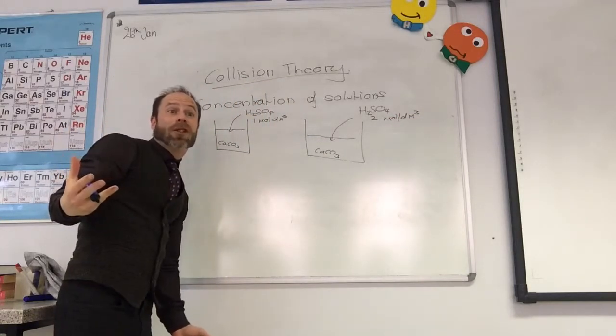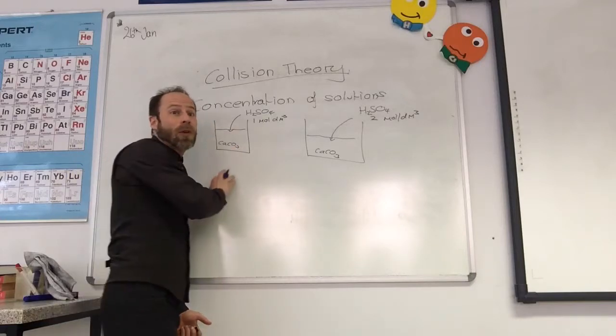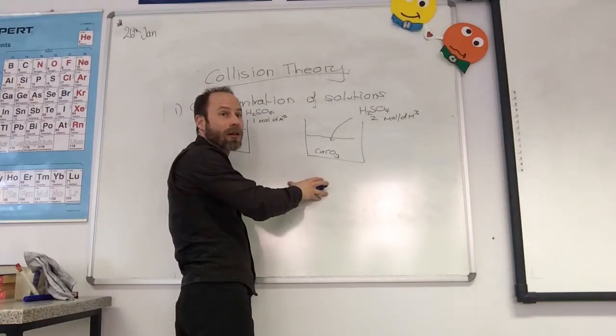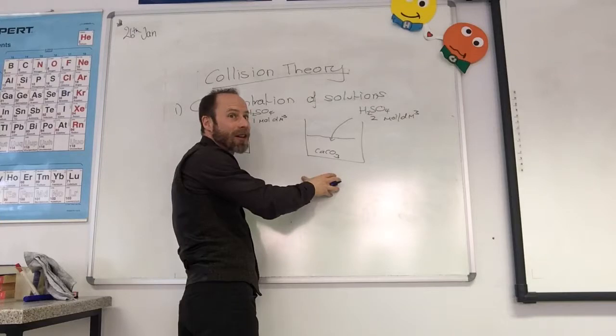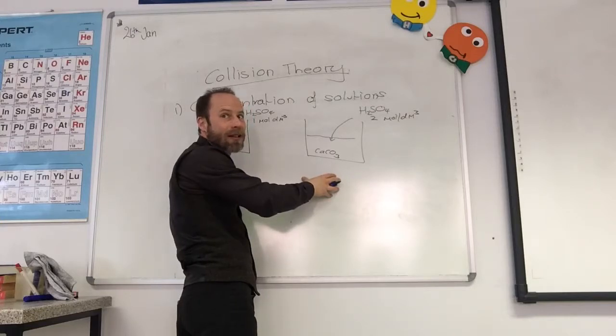Which one's going to be the fastest? That one or that one? This one will be fastest. Okay, that's kind of like common sense. This is more concentrated, it's going to be faster.